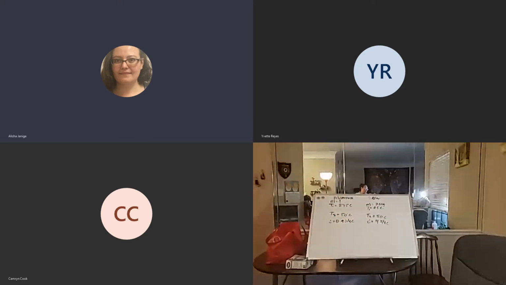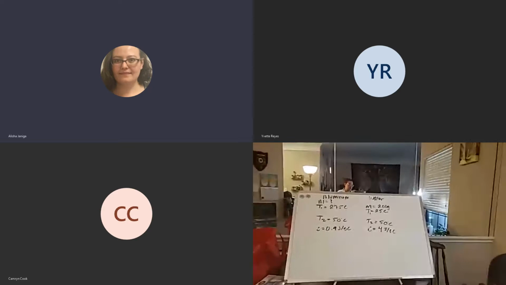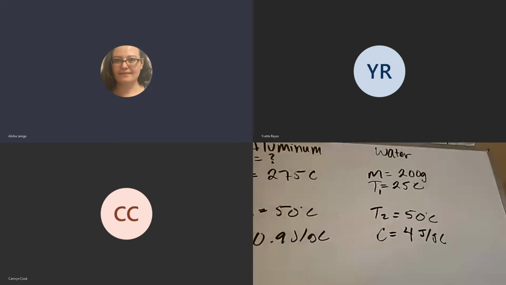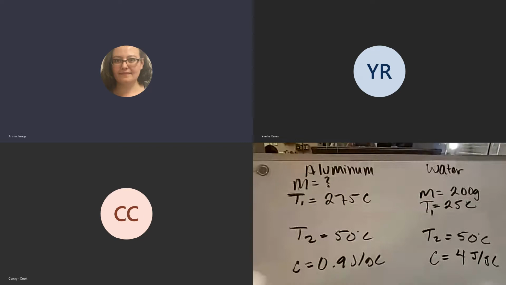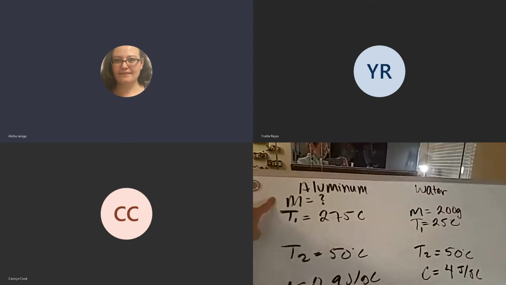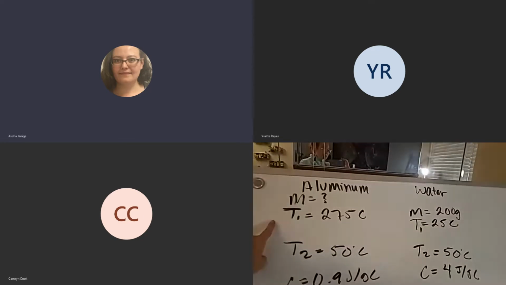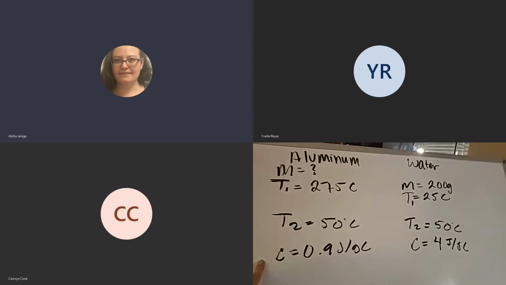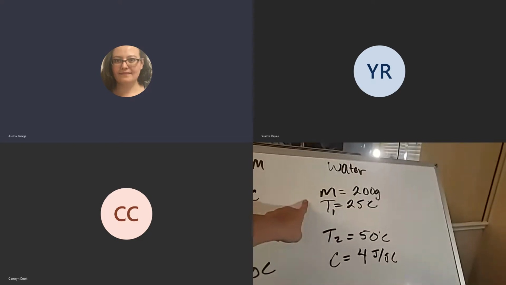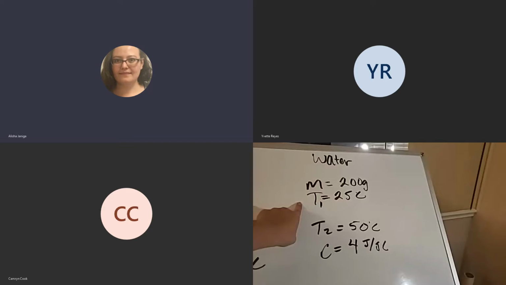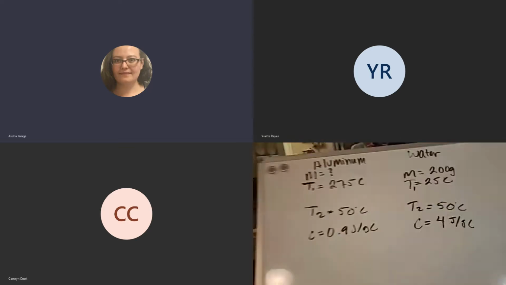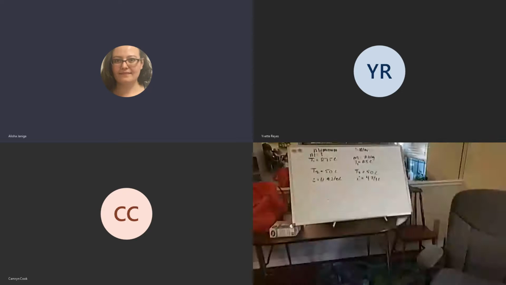So if they give you a bunch of variables, the best thing to do is just outline them out. So this is number 5. We don't know the mass of the aluminum. They give us T1, they tell us final temperature, they tell us the specific heat. We put it in 200 grams of water. Here's T1, T2, specific heat of water. So we plug it in the formula.